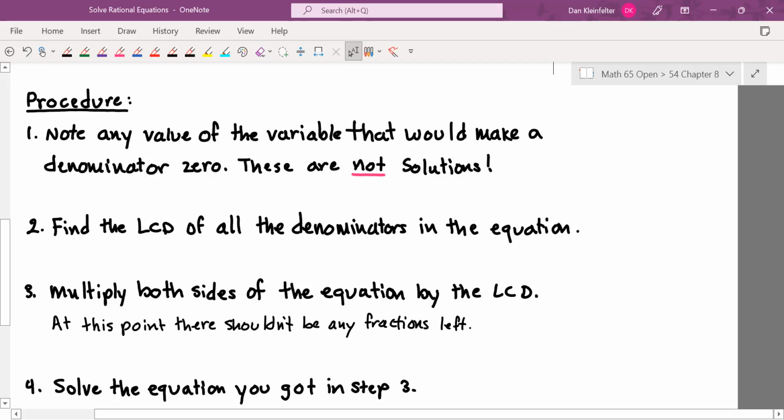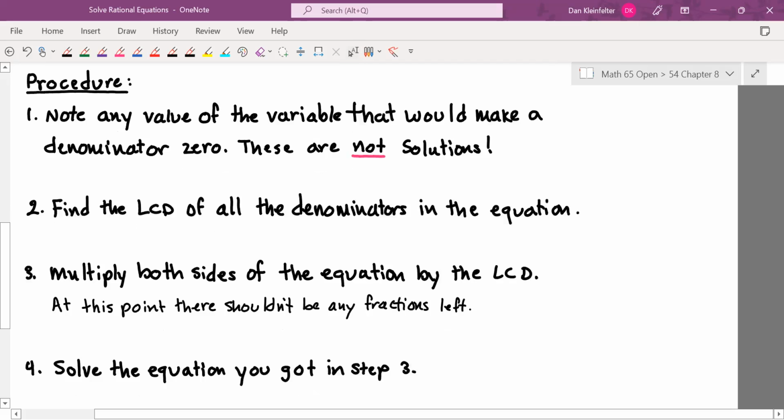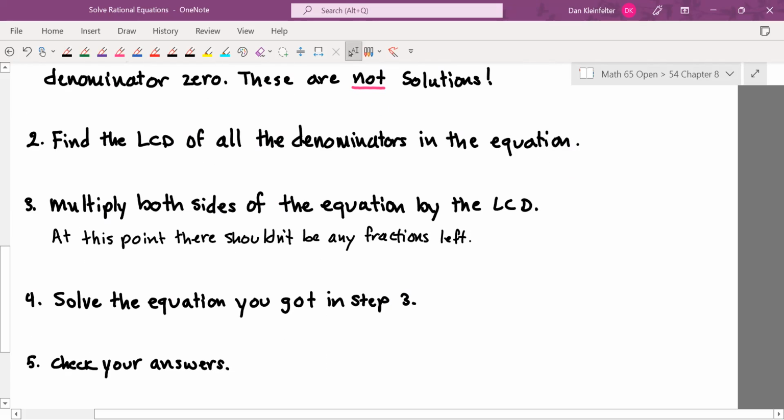We're going to find the LCD of the denominators in the equation, even though we're not necessarily going to add or subtract anything. Then in step 3, we're going to multiply both sides of the equation by that LCD. And if we do that successfully, there shouldn't be any fractions left.